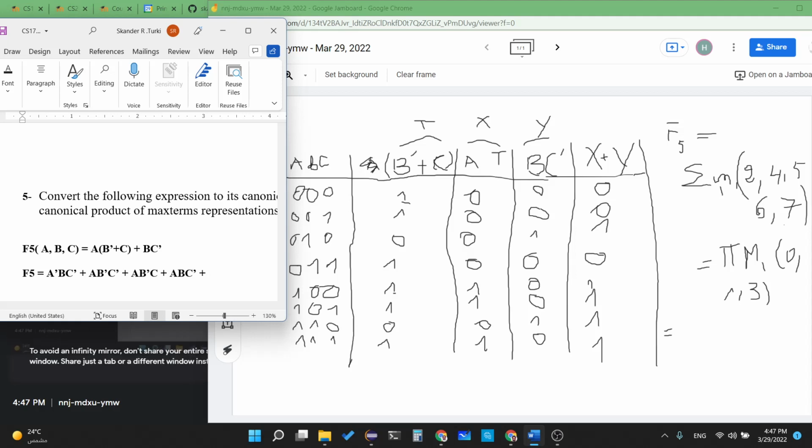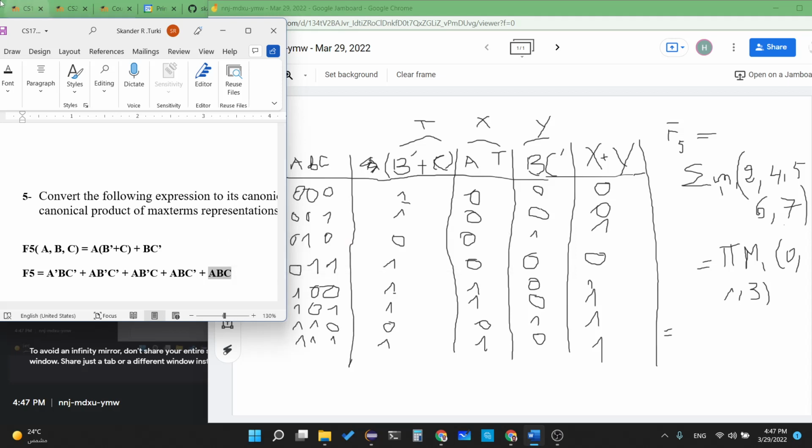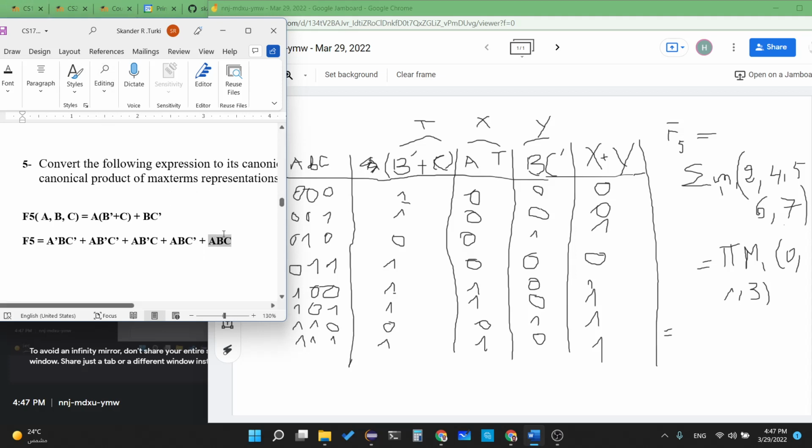And then minterm 7, A, B, C. You just need to remember either that minterm 7 is ABC or that minterm 0 is A bar, B bar, C bar. That's all you need to remember, and then you can find all the others with the logic.